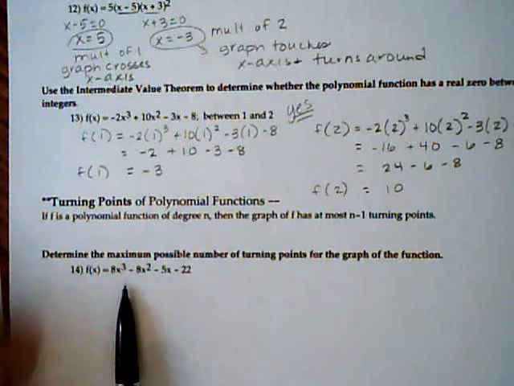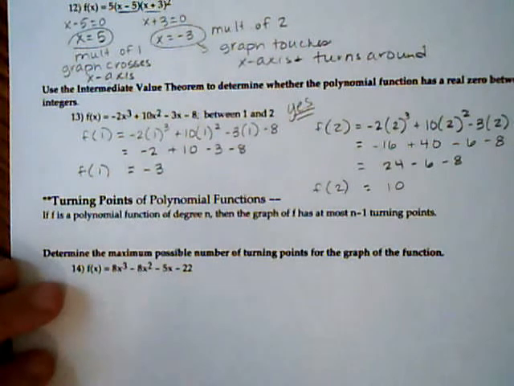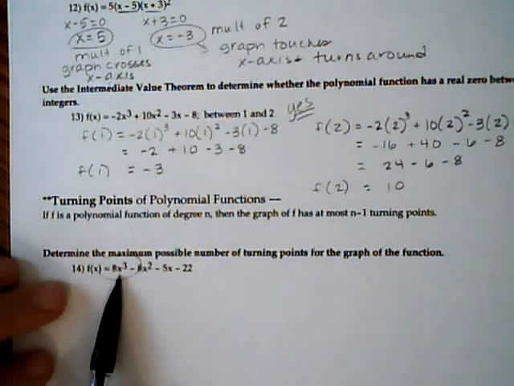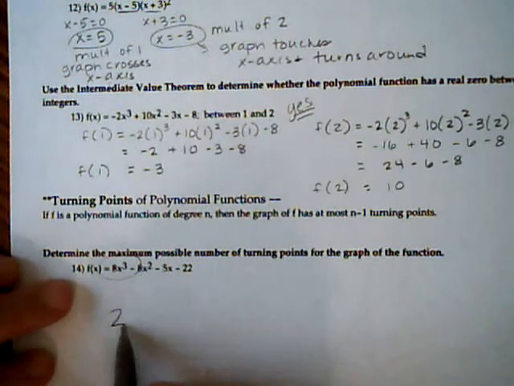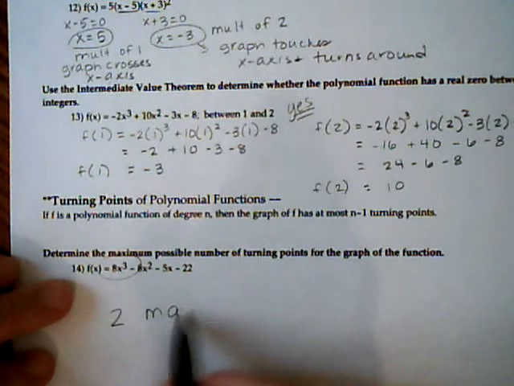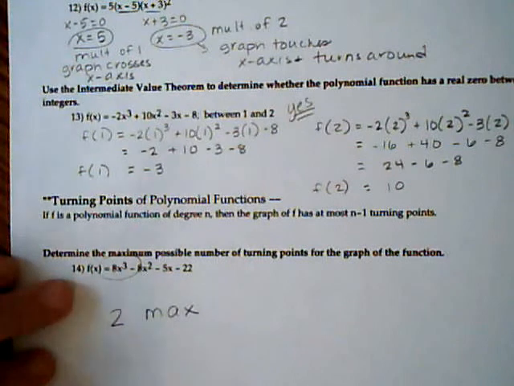So if I look at number 14, my leading coefficient or my highest exponent is x to the third. This tells me that this graph should have at most 2 possible turning points. Okay, so it's going to have a maximum of 2 turning points, one less than what your highest exponent is.